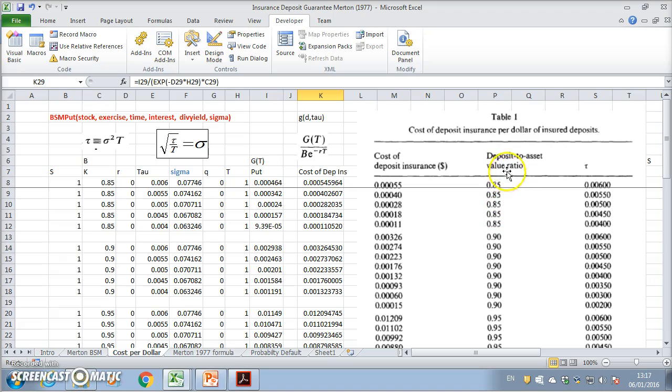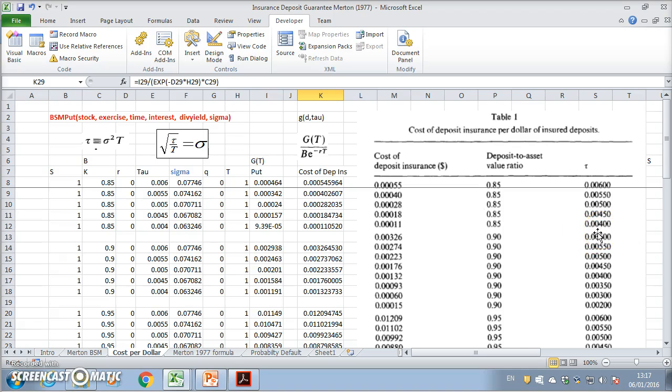So the deposit to asset value ratio has a very substantial impact on the actuarial cost of deposit insurance. Here we find that it's not even 1%, it's about 1 basis point, the cost of insuring, so long as there's a substantial buffer of 15% and we have low volatility.